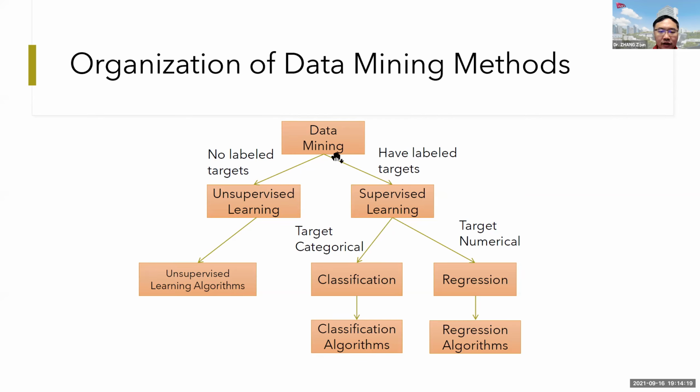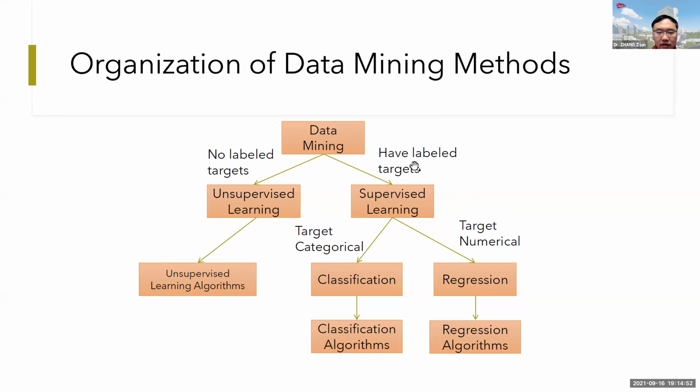The criterion for dividing them is whether they consider targets in the data set. If the methods do not require any label targets, they belong to unsupervised learning algorithms. If the methods require label targets, then they belong to the supervised learning algorithms.